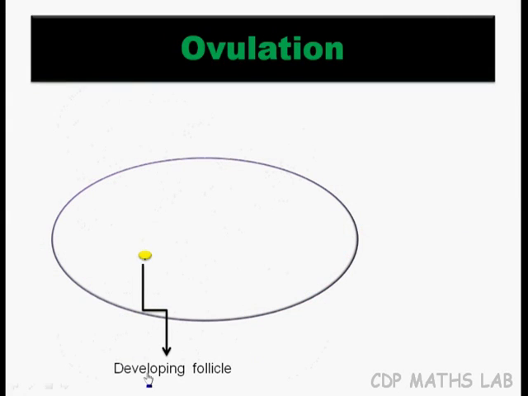Now, this oval shape is our ovary, and this yellow object is our developing follicle. But I ask you to pay close attention to what's happening, and if possible, take your pencil or pen and paper, draw what you see, and describe what you saw.